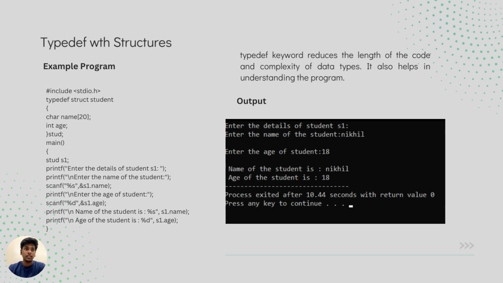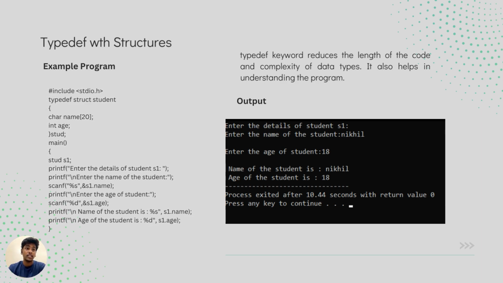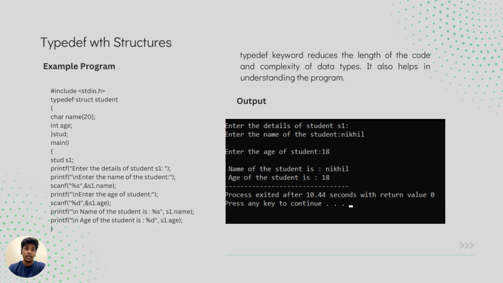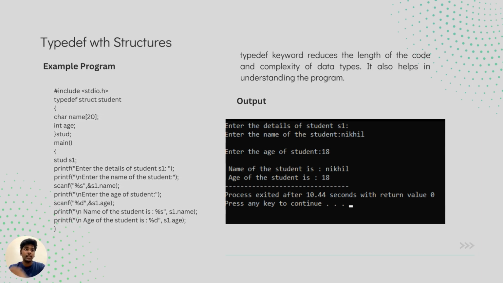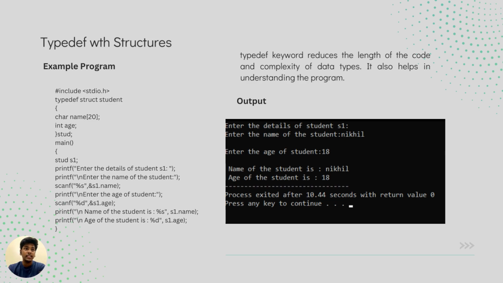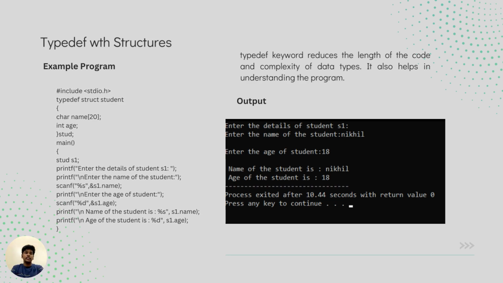After the main function, you can see that stud s1 is declared. Here stud is the alias name, and struct student is the original data type.